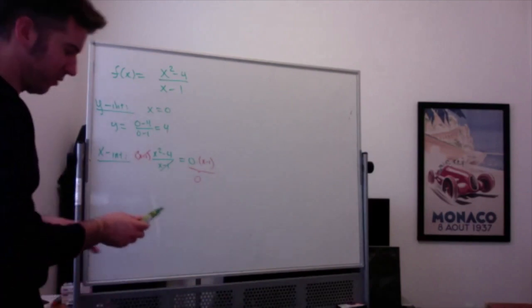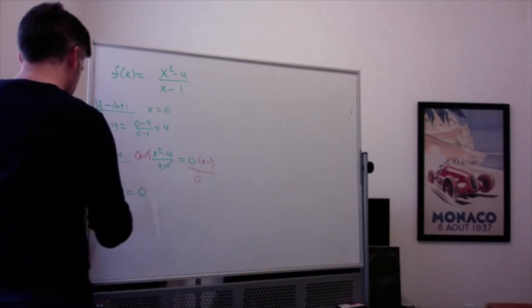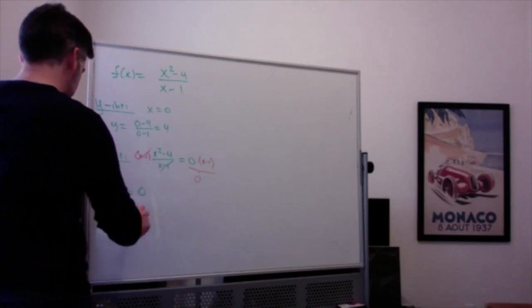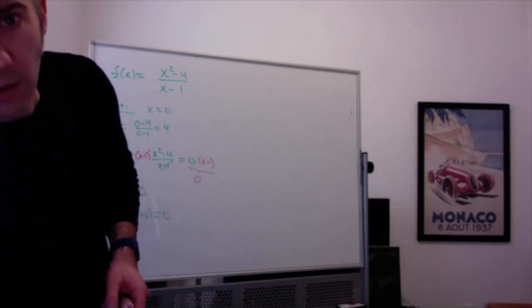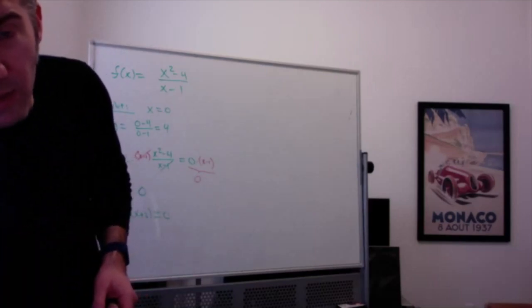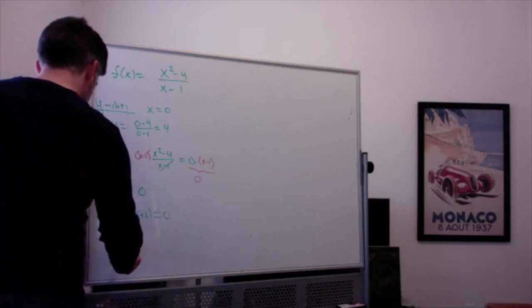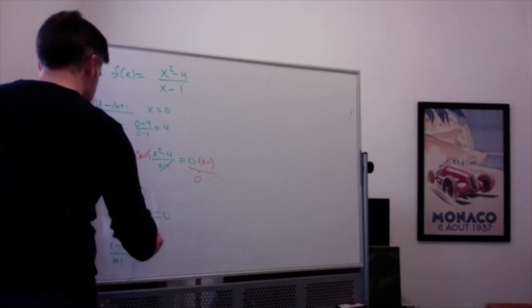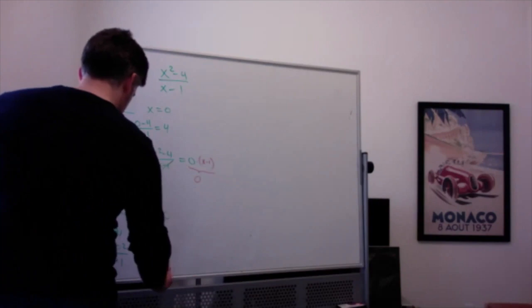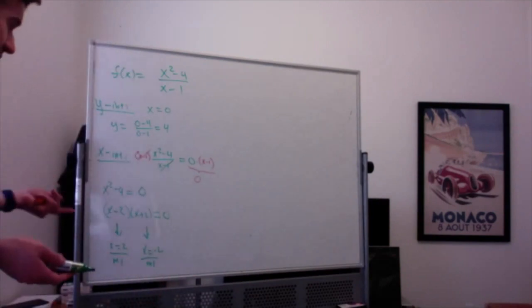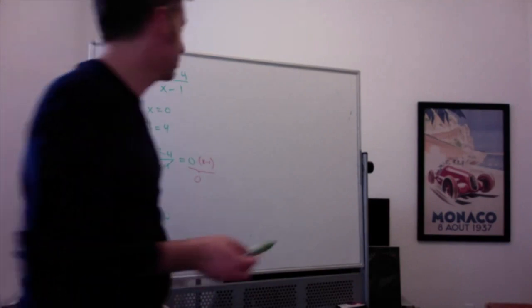So I get x squared minus 4 equals 0, which I'm going to factor as x minus 2 times x plus 2. So I get x equal to 2 with a multiplicity of 1, and x equal to negative 2 with a multiplicity of 1. So at each of these x-intercepts, we're going to cross through the x-axis.